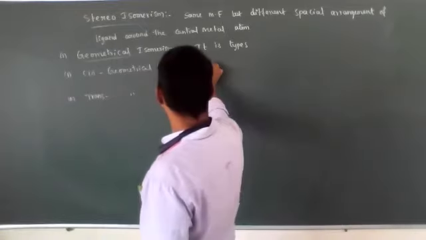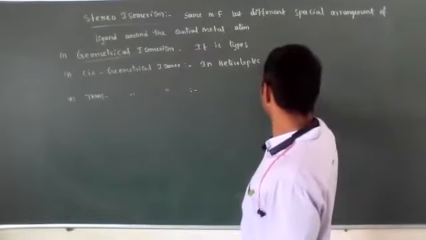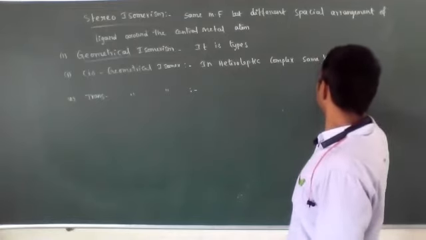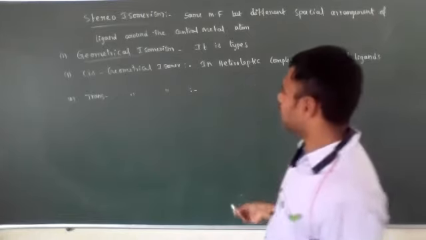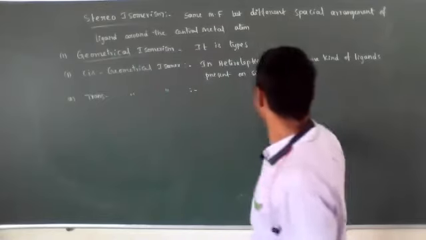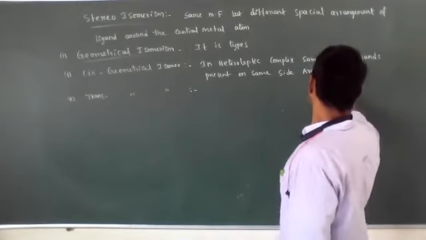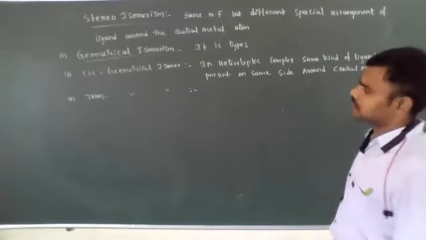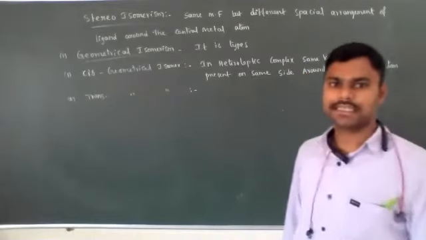In a heteroleptic complex, the same kind of ligands present on the same side around the central metal atom is known as a cis geometrical isomer.